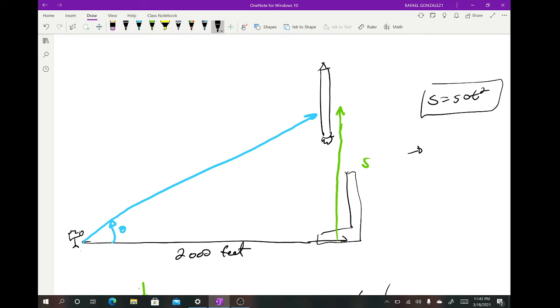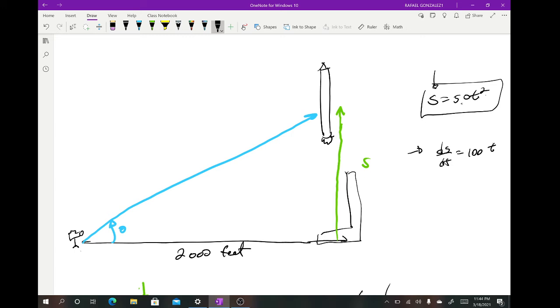Well, we find it again by taking the derivative. To find the rate of change of s, meaning ds dt, we have to take the derivative on both sides. So we have ds dt is equal to, well, the derivative of 50t squared is 100t. Notice I did not write dt because that's just one.